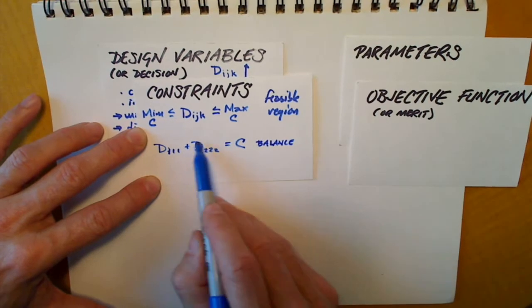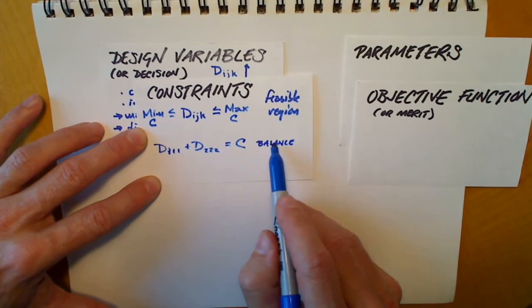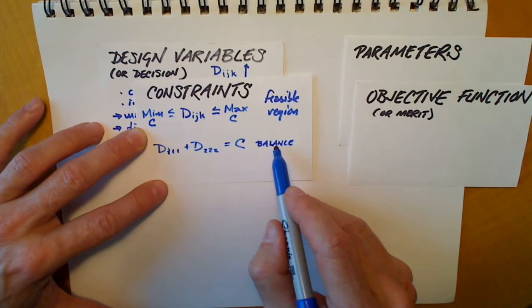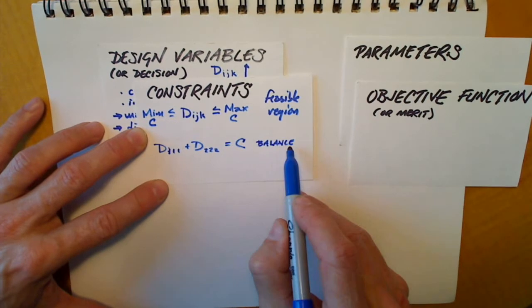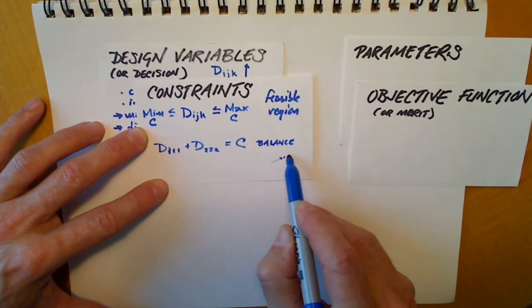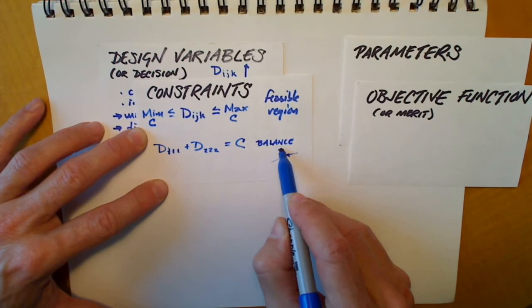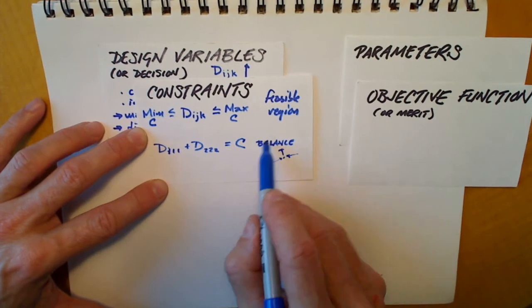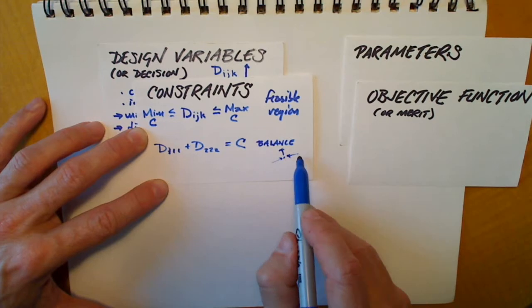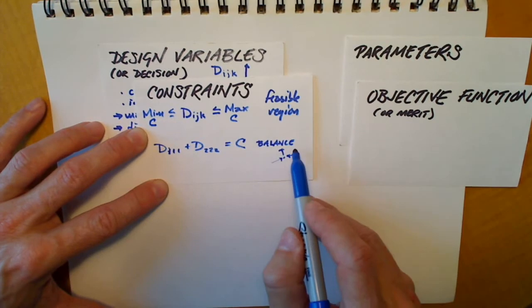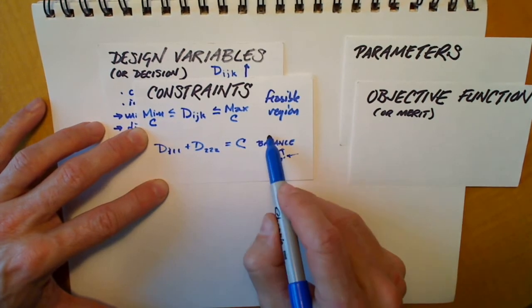It could be an equality or it could be an inequality, but when we combine design variables like this and write a constraint, typically that's a balance constraint. For example, a mass balance is a special kind of balance constraint. We might have an intersection, cars going in and out, and one of the rules of the intersection, the way we model, is that all the cars that go in have to come out. There's no parking inside the intersection.